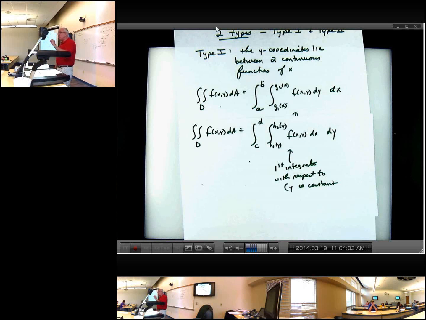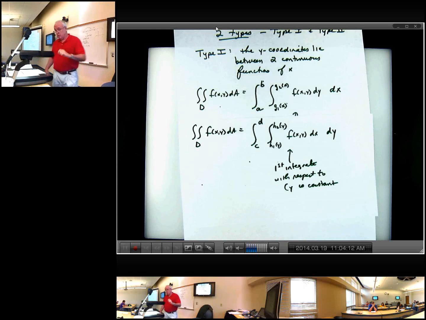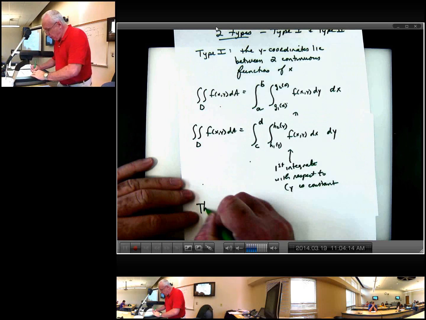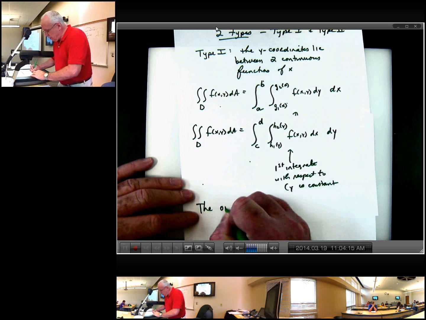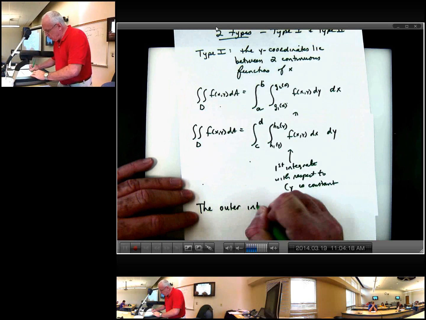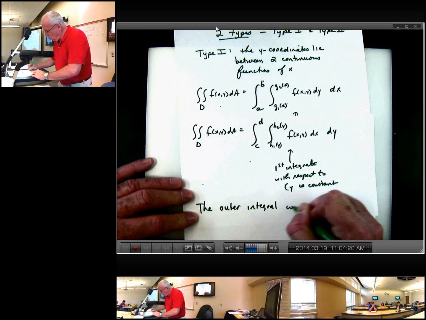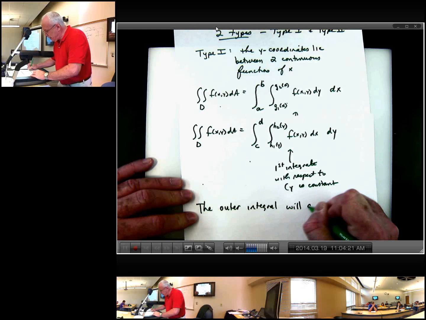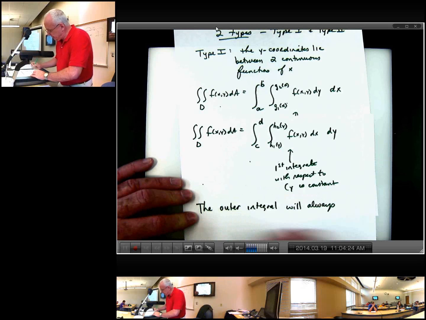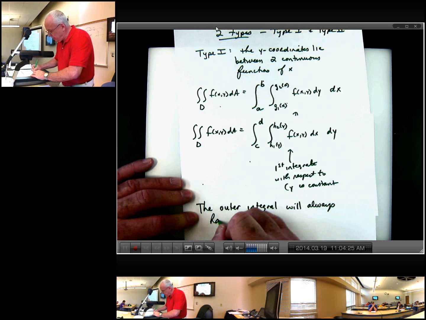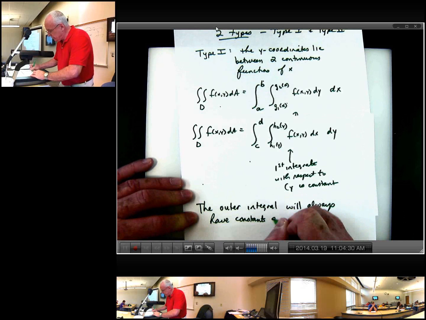But the outer integral will always have constants as the limits. All right.